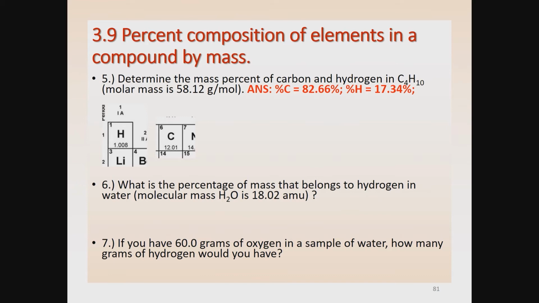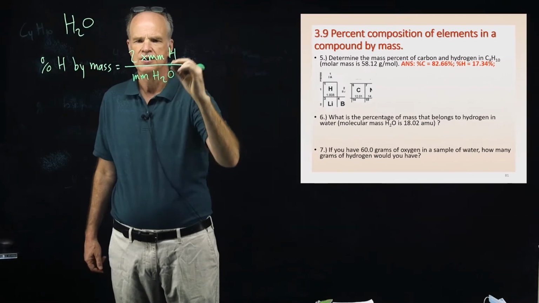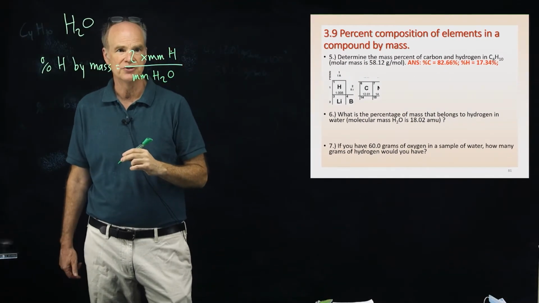And so to do that, we take 2 atoms of hydrogen times the molar mass of hydrogen over the molar mass of water. So it doesn't look like it's going to be too difficult to do, right?